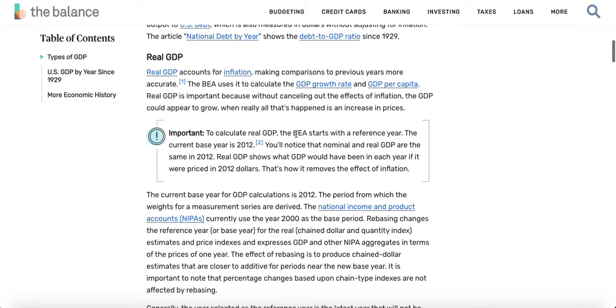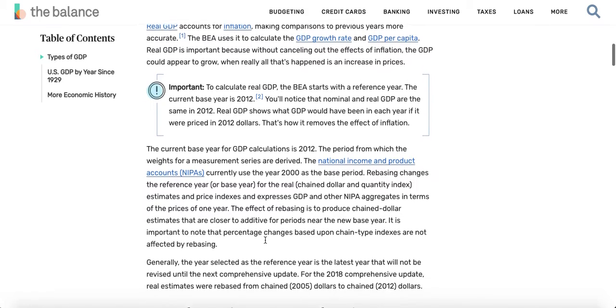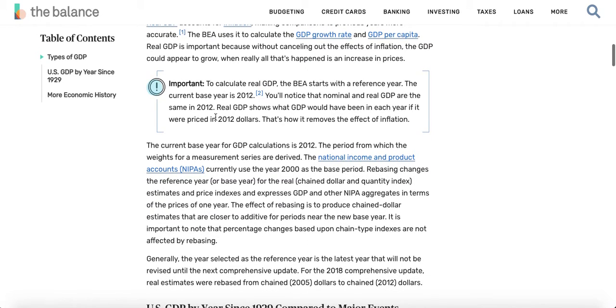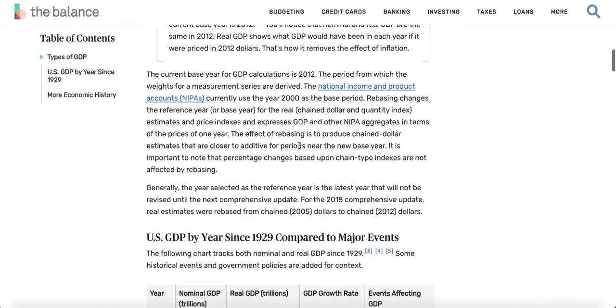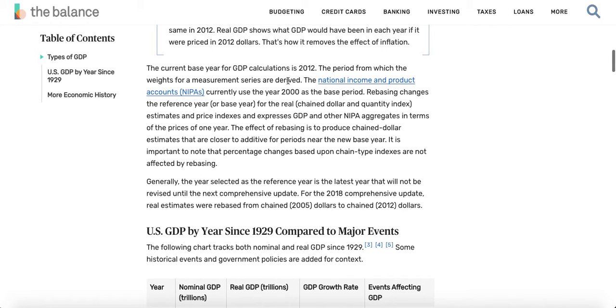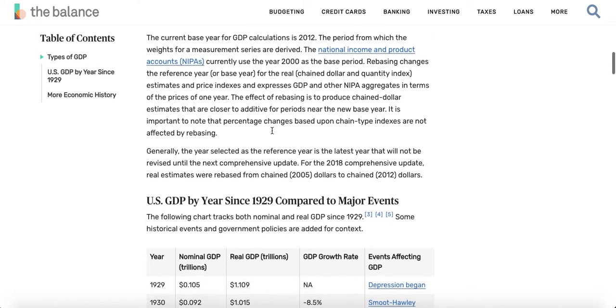Real GDP is important because without cancelling out the effects of inflation, the GDP could appear to go up when really all that's happened is an increase in prices. That's true. So that's how they do the calculations. The base year is 2012. Keep that in mind.